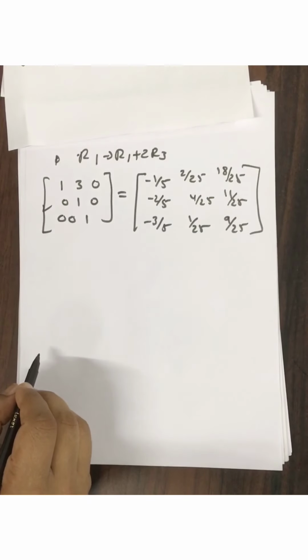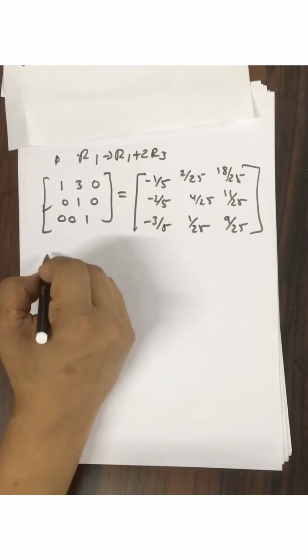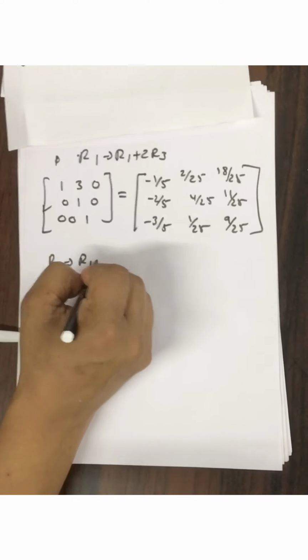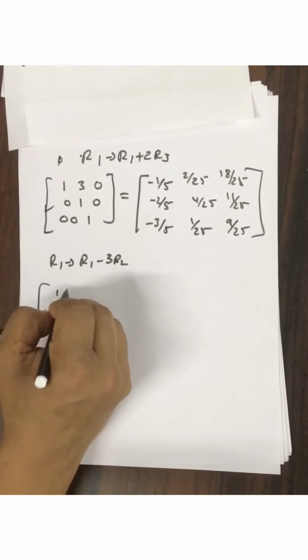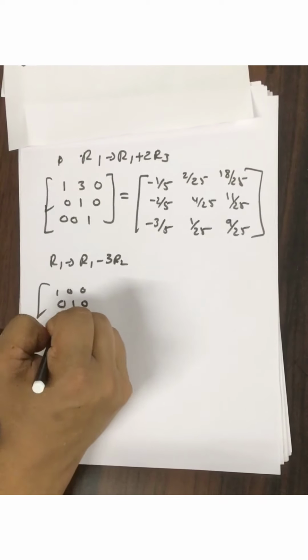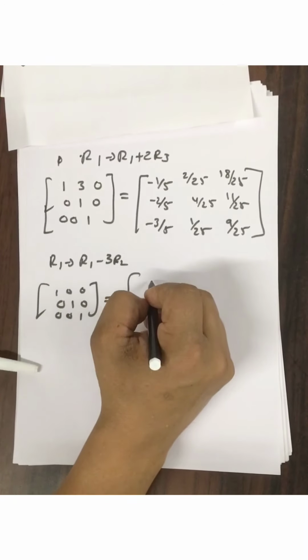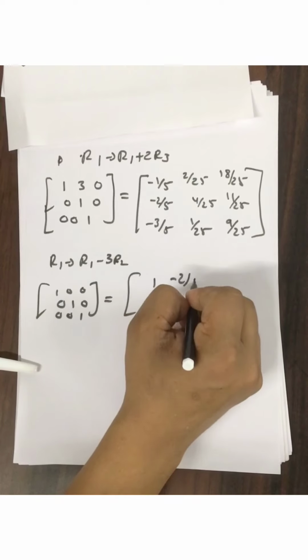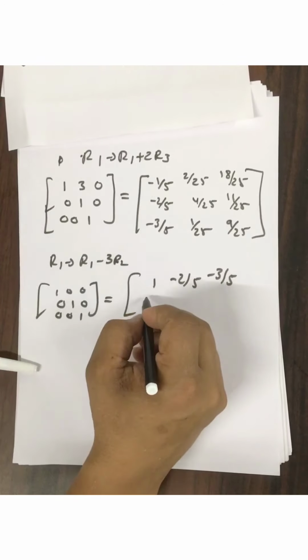Next, now once we are done with this, what is left? Only this 3 is left. Okay, in R1 we can do R1 minus 3 R2. Let's do it. It will be 1 0 0, 0 1 0, 0 0 1. I'm excited to get this answer. 1 minus 2 by 5 minus 3 by 5 and this will be what?